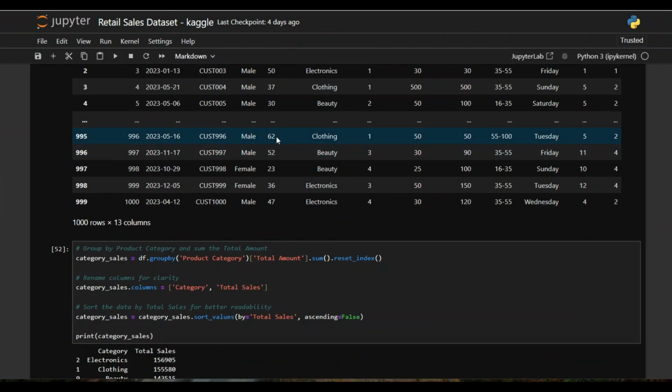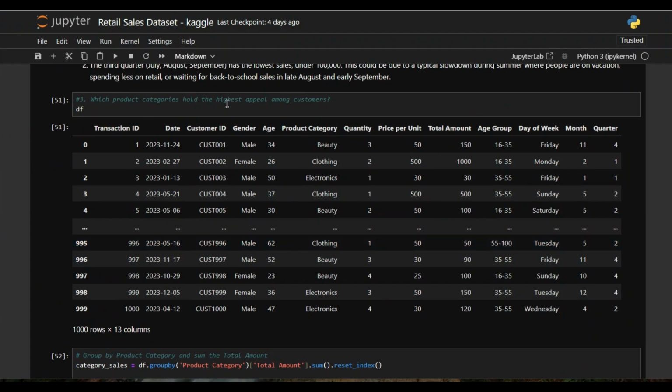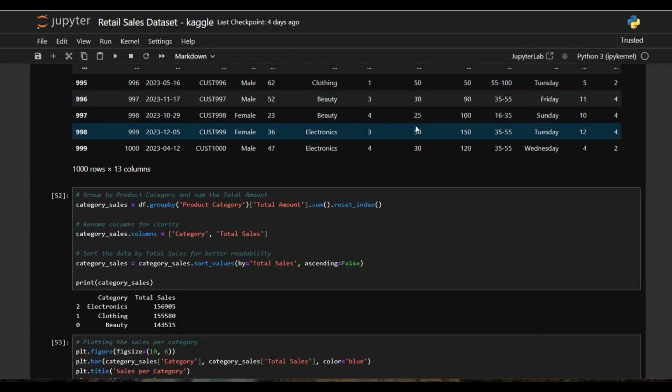Then we look at the product categories that hold the highest appeal amongst the customers. So for this, I categorized the sales according to the products, and then summed the total amount for each product category.